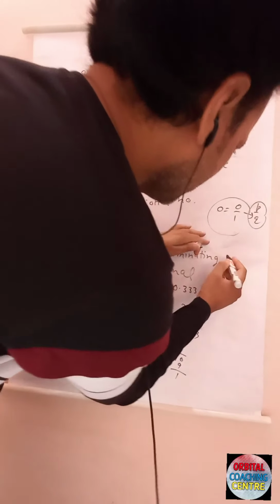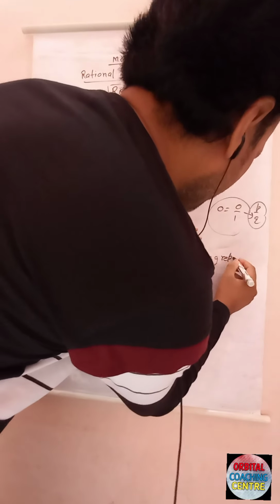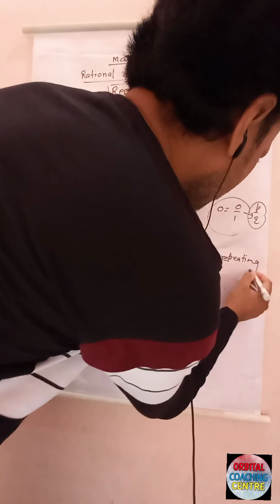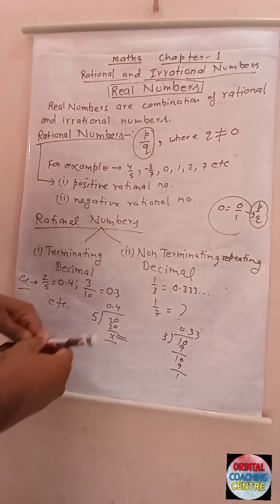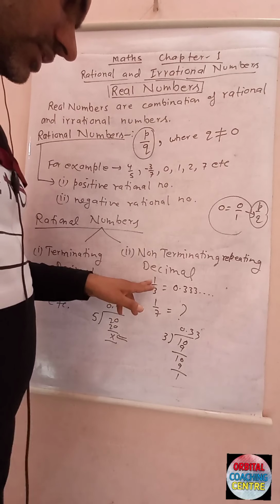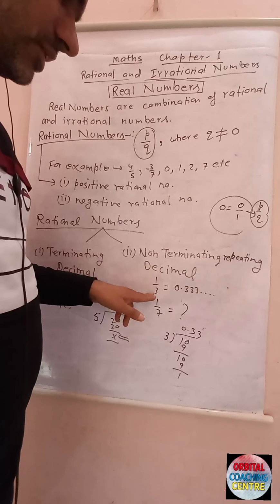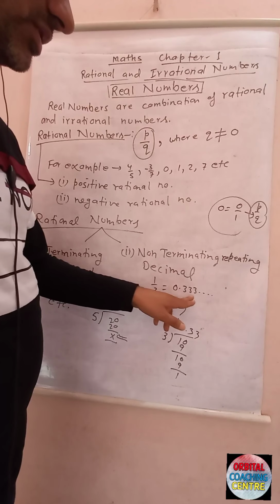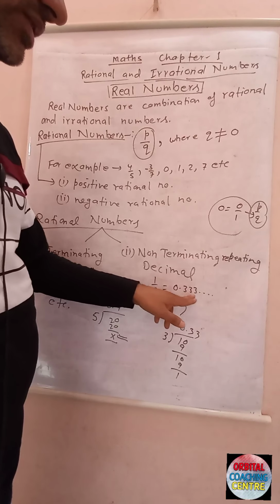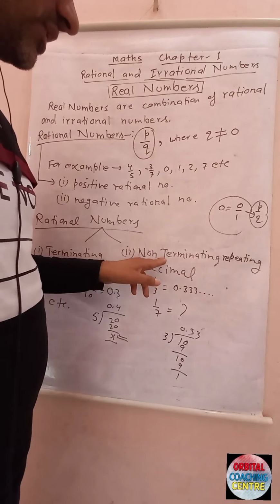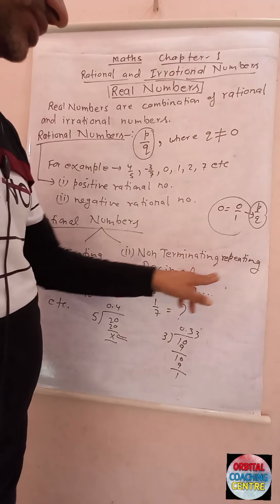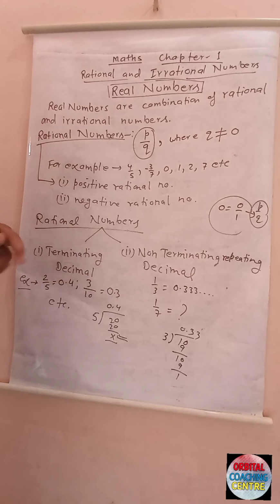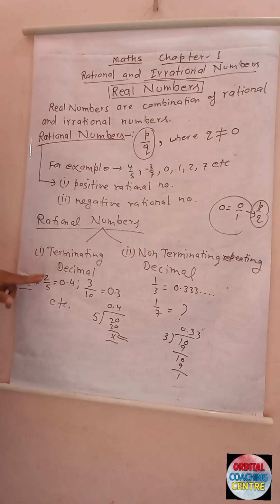Non-terminating, here you can write repeating. Here you can see that for 1 upon 3, if you divide 1 by 3, your answer will be 0.333. Here you can see that 3 is repeated, so you can say it is a non-terminating repeating decimal. In terminating decimal you can see 2 upon 5.